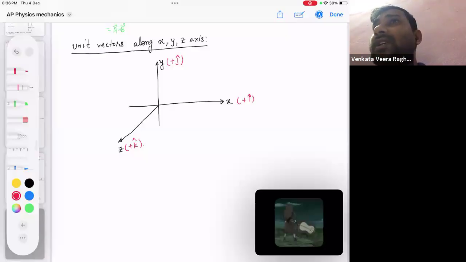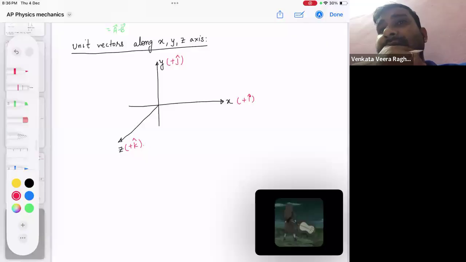If I give you a vector, how do you convert it into a unit vector? A vector has both magnitude and direction. So if I divide by its magnitude, then only the direction of the vector remains. We'll see how to calculate the unit vector.